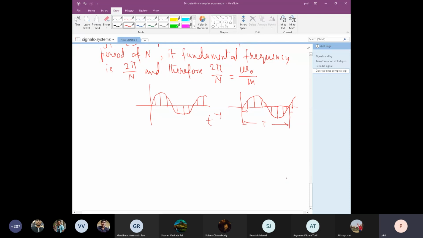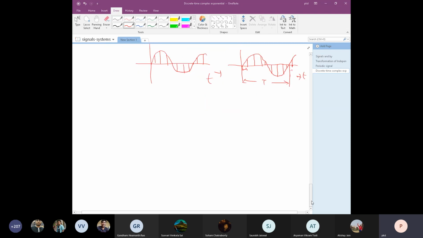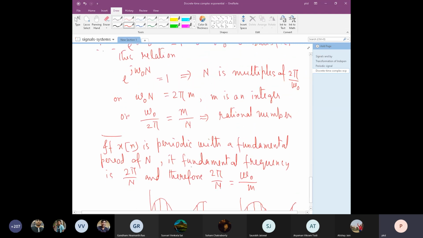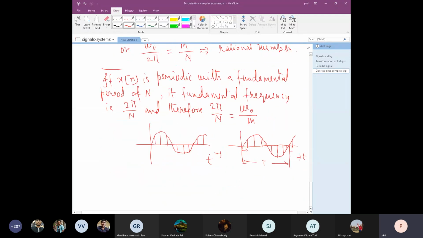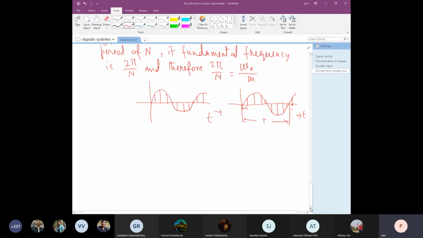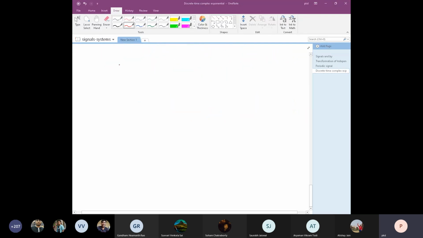So this periodicity will not be satisfied. To satisfy this periodicity, we have to satisfy this condition apart from taking a sinusoidal signal in the continuous time domain. So we can summarize this observation.